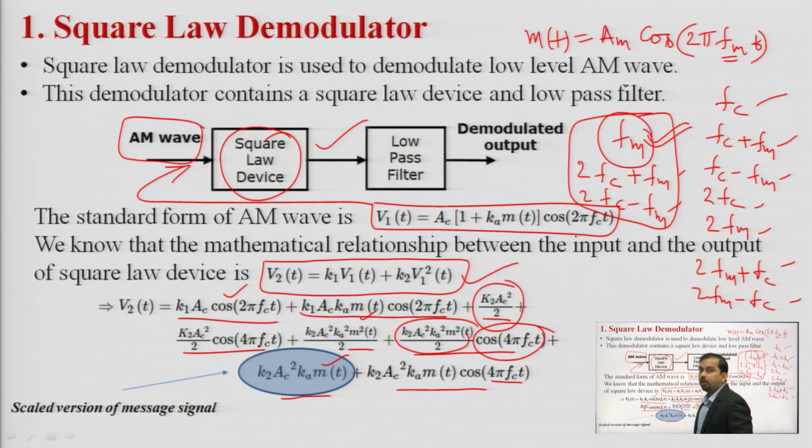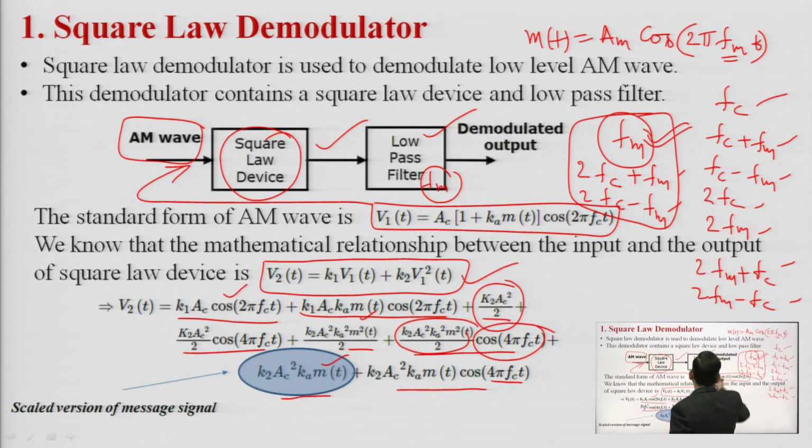So if we put a low pass filter at the output stage of the square law device, with a cutoff frequency of Fm, this low pass filter will pass the low frequency component having frequency Fm, and the components having frequencies greater than Fm will be attenuated, meaning they will not pass through the filter.